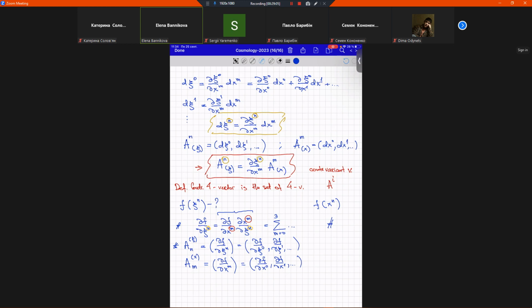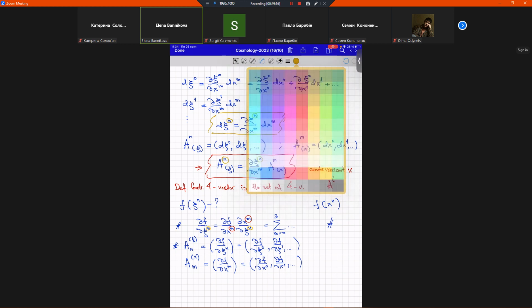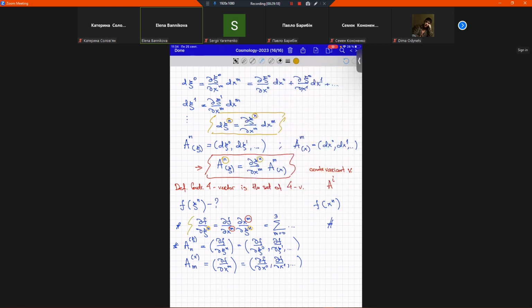In this case, I can rewrite this equation, this expression, the following way. So with these notations, it will be vector a. I put the index below.